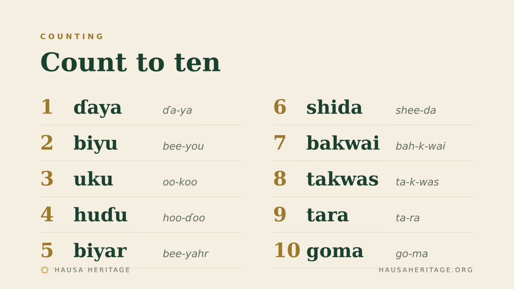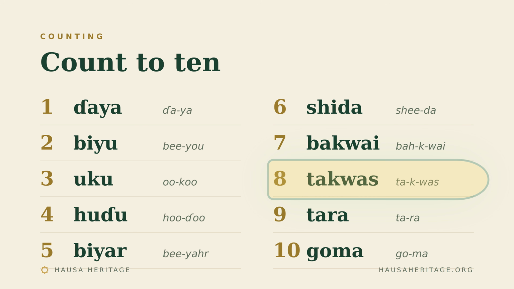Let's continue from 6 to 10. Shida means 6. Shida. Bakwai means 7. Bakwai. Takwas is 8. Takwas.